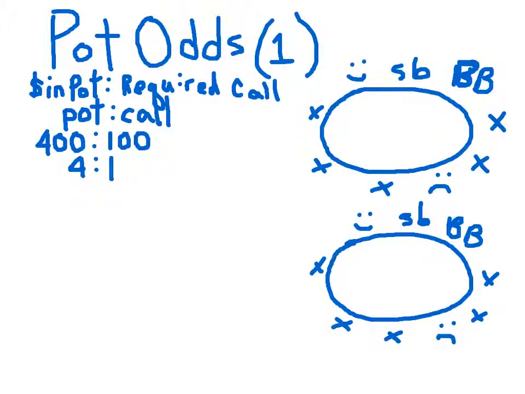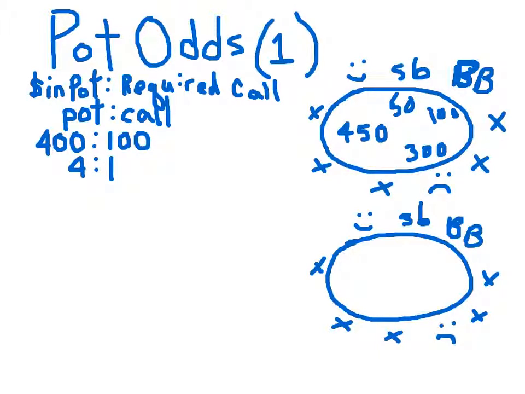Let's use these tables over here on the right side to go through a real hand as another example. Let's say the blinds are 50 and 100, and our opponent bets 300, 3 times the big blind. So the pot's now 450, and action's on us. What are our pot odds?